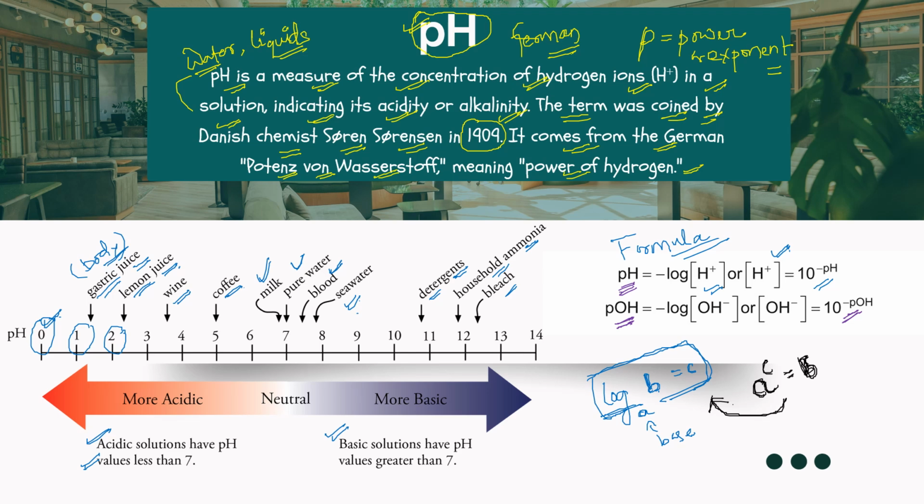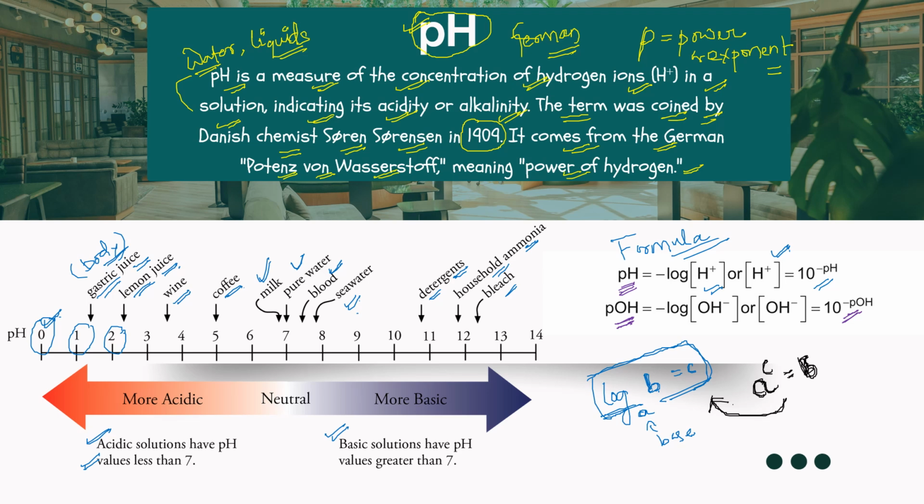This is the simple formula that we consider for our calculation of pH and pOH. Now you can define what pH and pOH are in a formula.